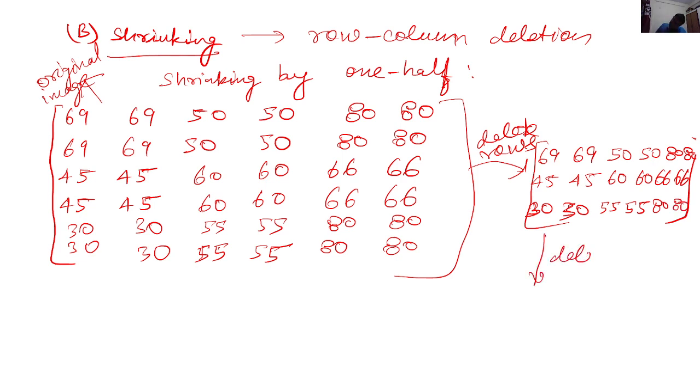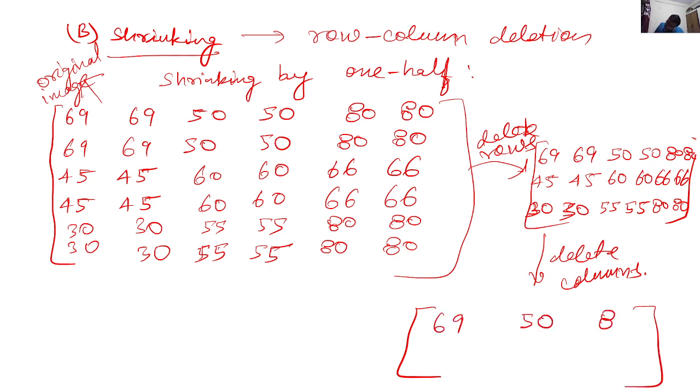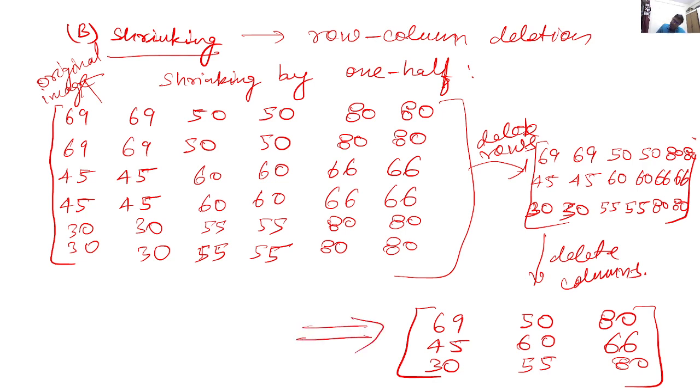Now delete columns. The final image after shrinking would come out to be 69, 50, 80, 45, 60, 66, 30, 55, 80. So this is the final shrinkage image, the final shrunk image.